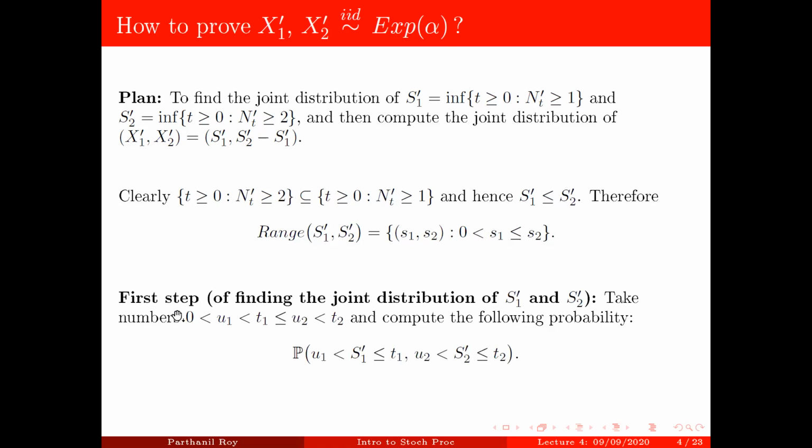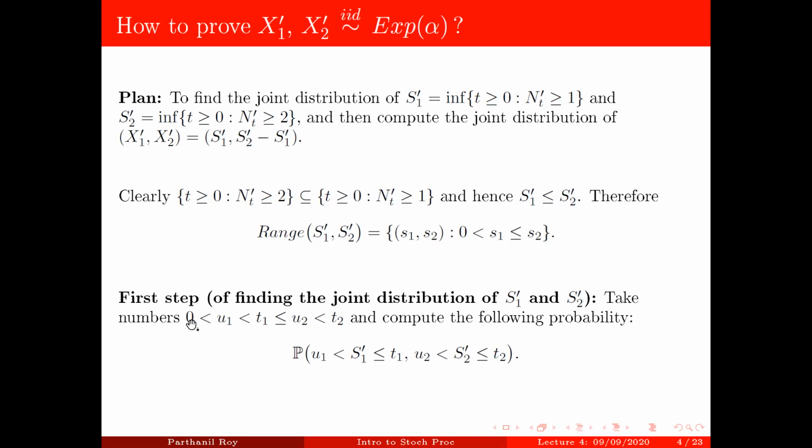Therefore, now the first step of finding the joint distribution of S1' and S2' would be to take a rectangle inside this set. So basically take numbers u1, t1, u2, t2 such that u1 is positive.